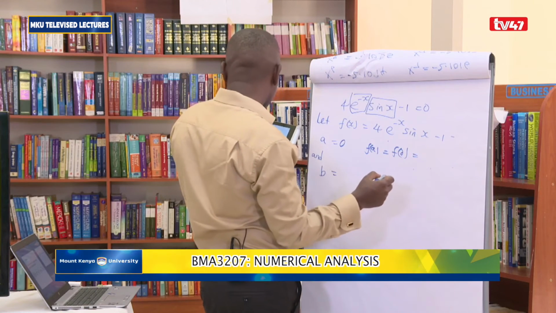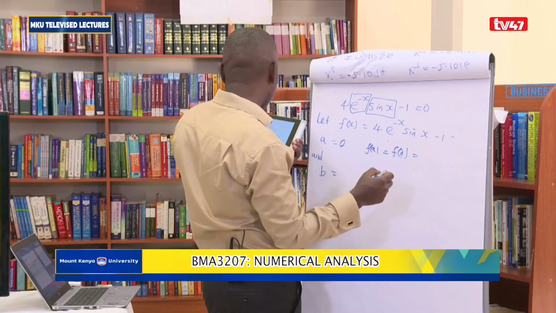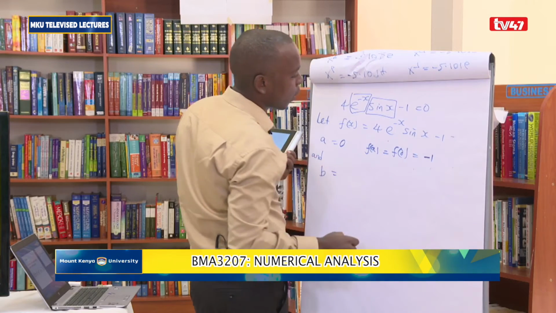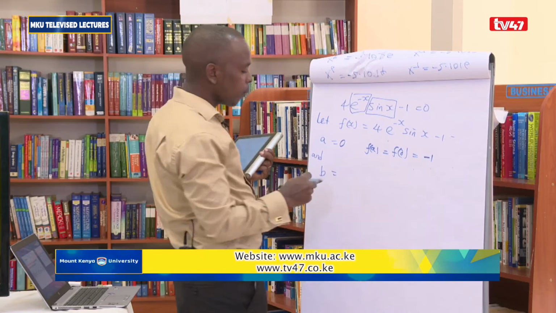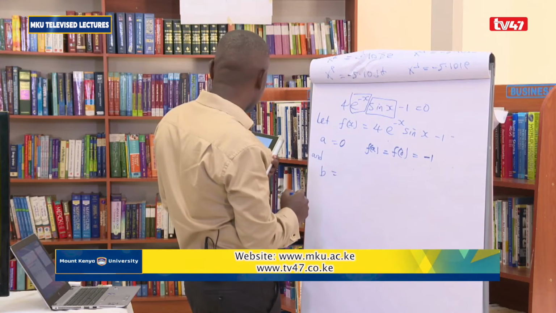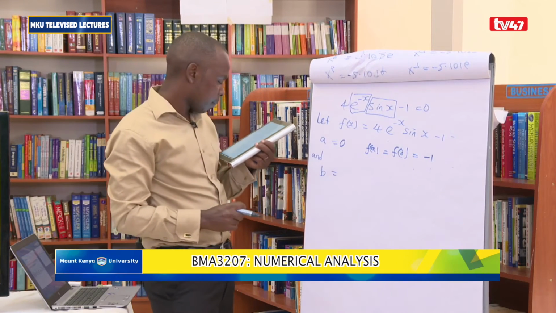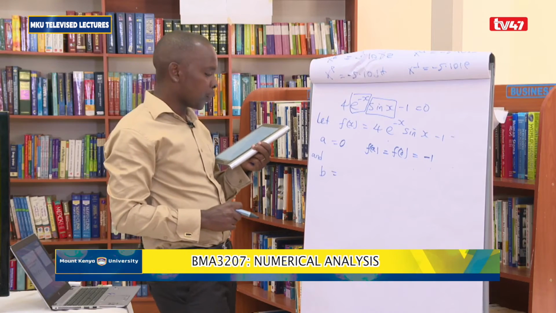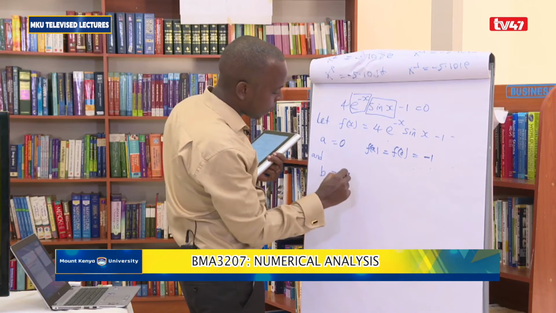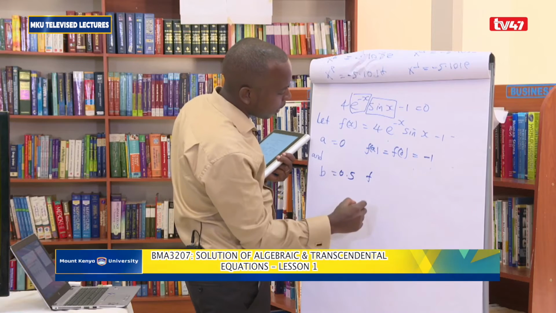So this will give us -1. Then we guess another value, for example, 0.5, f of 0.5.